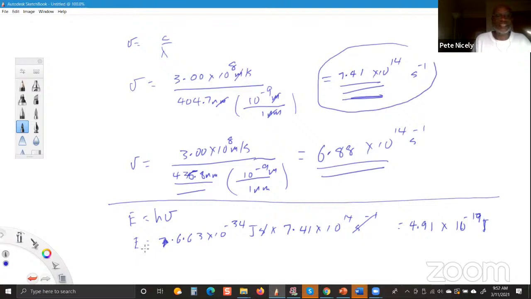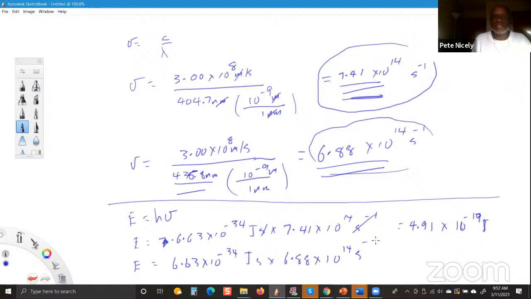That's how we calculate the energy. And then for the other one, start off again with 6.63 times 10 to the minus 34 joule seconds multiplied by the other frequency, which is this right here, 6.88 times 10 to the 14 seconds to the minus 1. So let's do that.